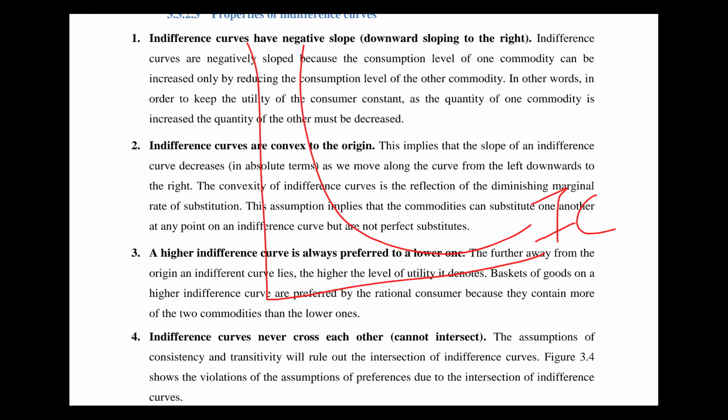Because if the slope were not decreasing, then the line would have been a straight line, or it would have been constant. But since the slope decreases like that, you have the curve that is convex to the origin.